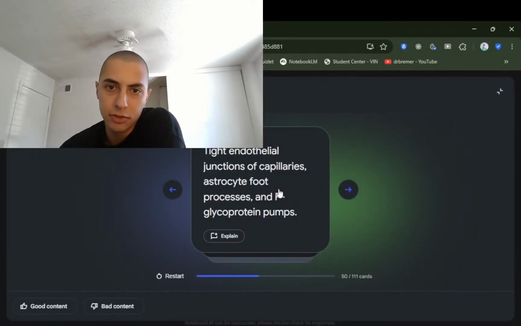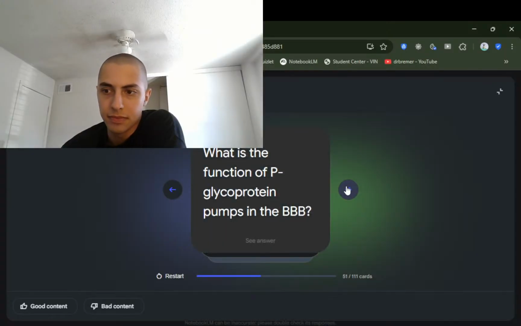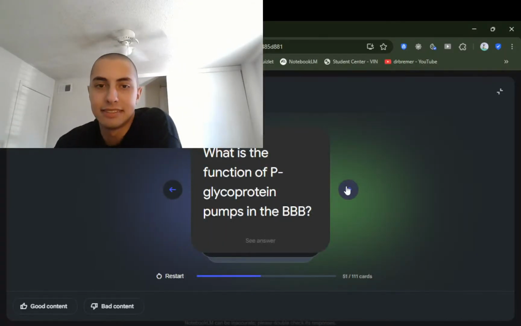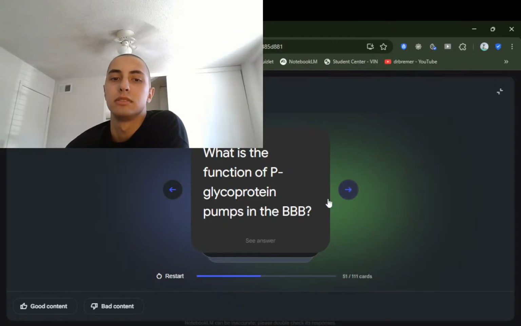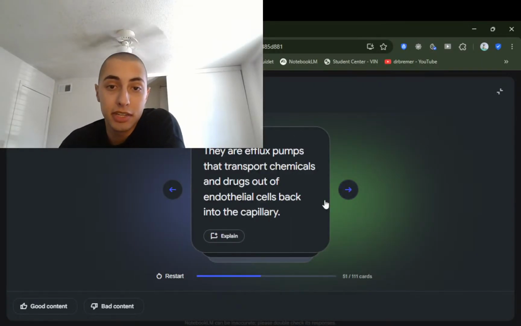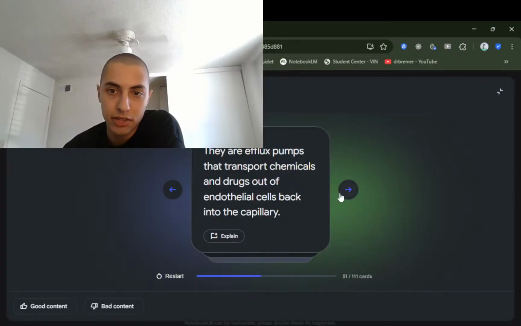What are the three main components that create the blood-brain barrier? Tight endothelial junctions of capillaries, astrocyte foot processes, and P-glycoprotein pumps. What is the function of P-glycoprotein pumps in the BBB, blood-brain barrier? I don't know. They are efflux pumps that transport chemicals and drugs out of endothelial cells back into the capillary.